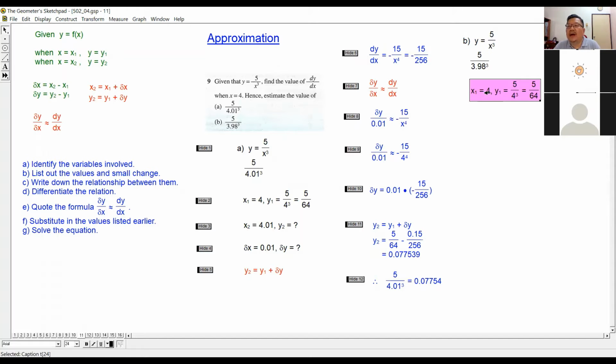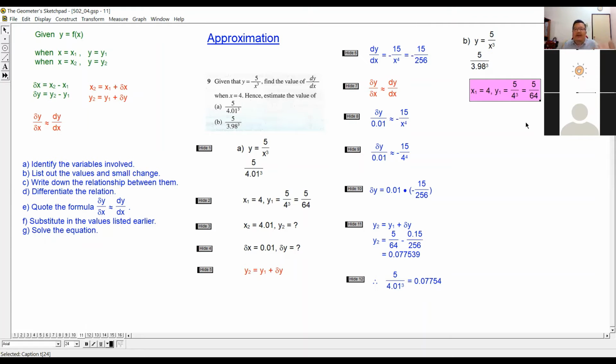So we look at the original value of x that is given here. X equals 4, that means the x1 is 4. So when the x1 equals 4, what is the y1? Now you see why we should find the value of y1. The reason is, if you want to find y2, you have to use y1 plus delta y. So the y1 is actually important.